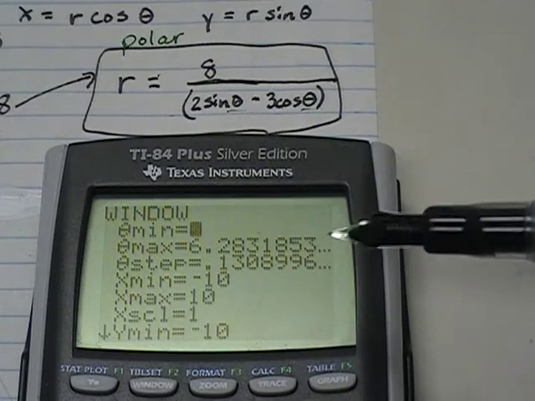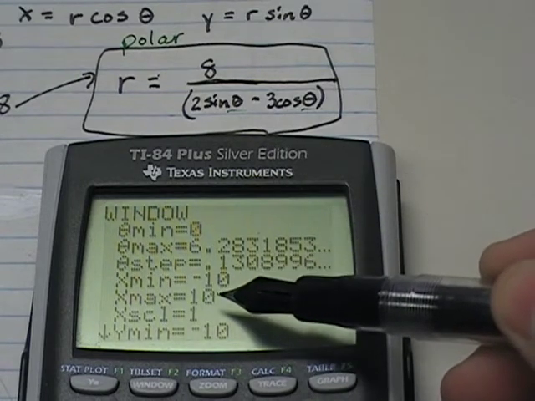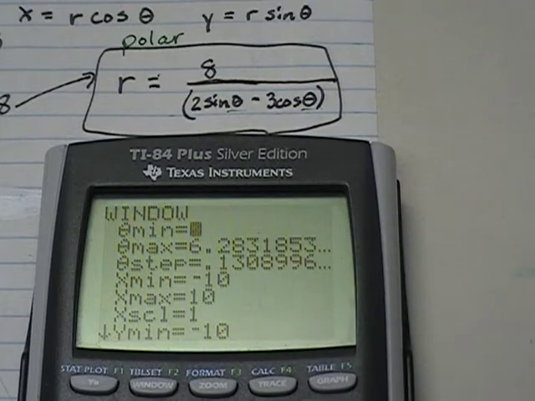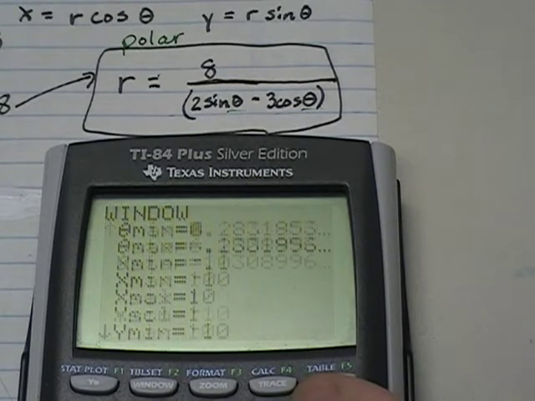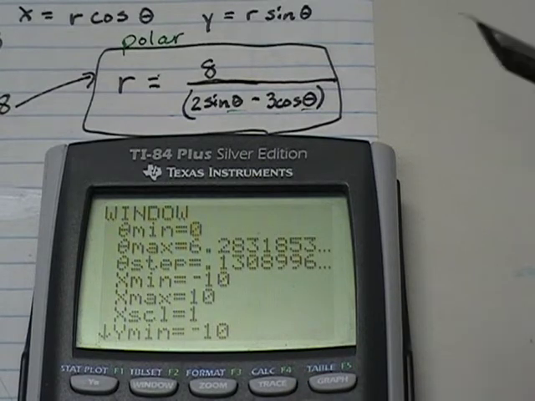But you notice an extra: you still see X min is -10, X max is 10, Y min is -10, Y max is 10. That's our standard window. But then you notice theta min, theta max, and theta step. What in the world does that mean?